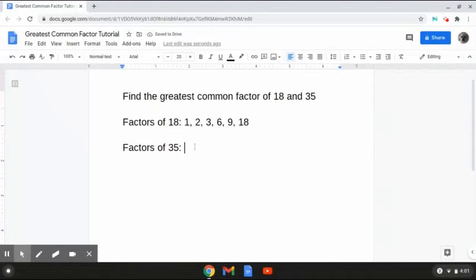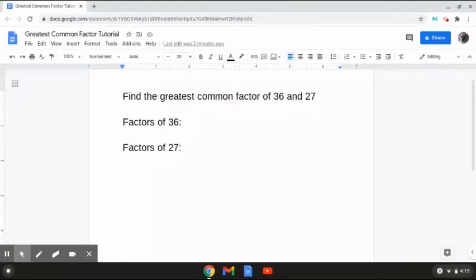And the factors of 35 are 1, 5, 7, and 35. So it looks to me that the largest number that falls between the two is 1. Therefore, the greatest common factor is 1, because it is the largest number that falls between the two. And that is how to solve this problem. So I'm going to be doing one more with you guys.